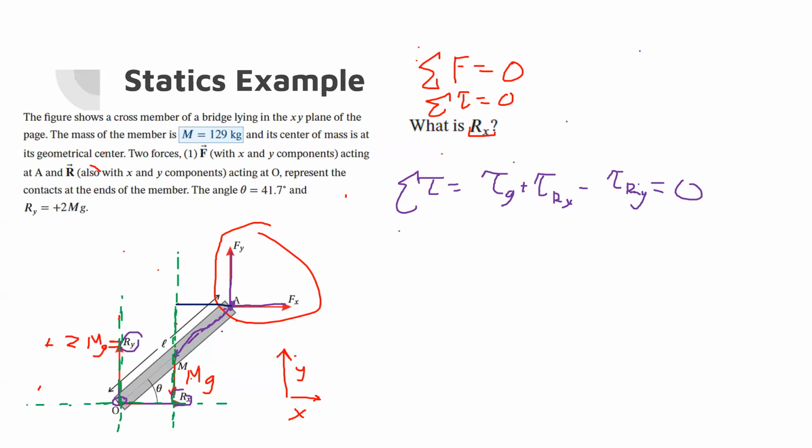So for this one, it's mg. I want this distance, the shortest distance right here. I know this angle is also theta, and I know this hypotenuse is L over 2. So the torque due to gravity is going to be equal to R, which, since that's the adjacent side, is L over 2 cosine theta, times the force itself, which is mg.